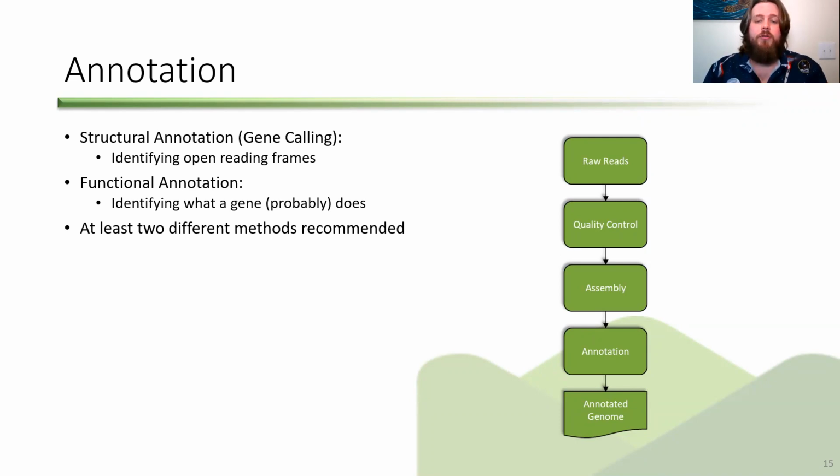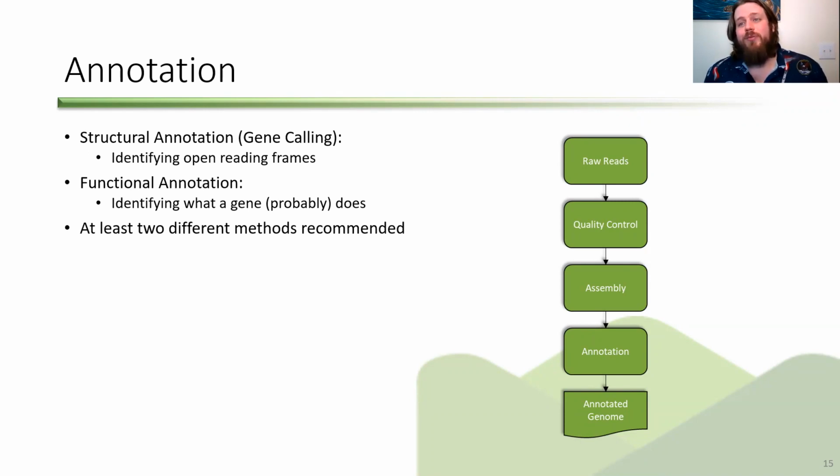I'm not going to get really into the nuts and bolts of making sure you have good structural annotation. There are some videos from Texas A&M's Center for Phage Technology, a really great center with a lot of videos. I'm going to add them at the end and talk a little bit about their pipeline. But I would check out them and some other guides specifically on going through genomes and making sure that you have good, high quality structural annotations. All right, and again, not to harp on this, but at least two different methods are recommended.